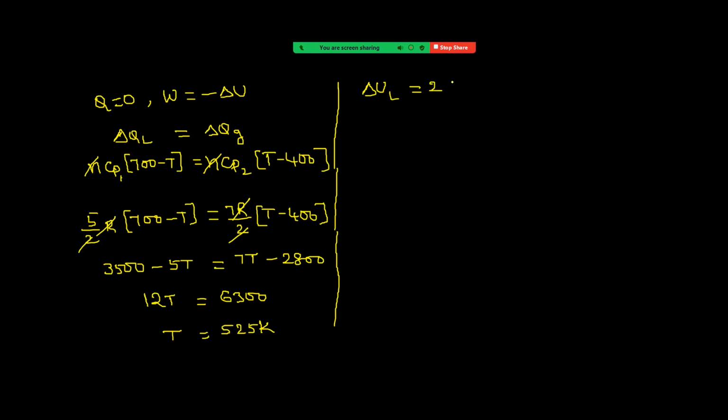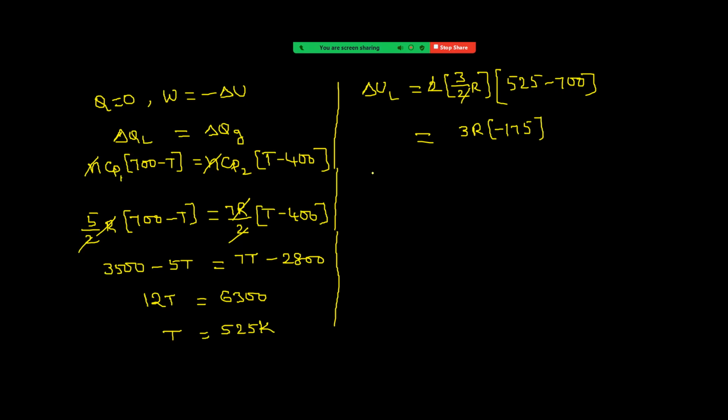See delta U for the lower one: number of moles 2, n, Cv value 3 by 2 R, delta T means final value minus initial value, final value 525 minus initial value 700. It is 3R, and this is 525 minus 700. It is 175, so minus 175.